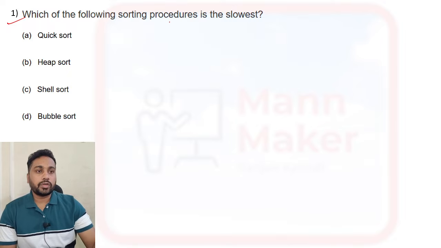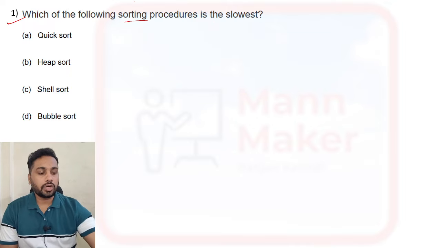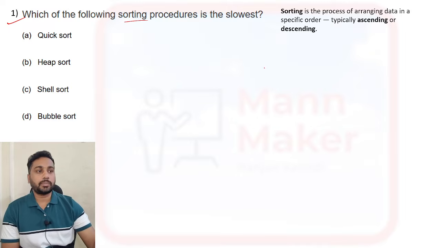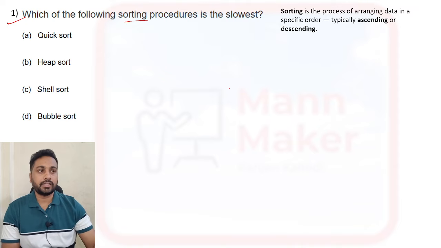We'll start from question number 1. Which of the following sorting procedures is the slowest? Sorting is the process of arranging data in a specific order, typically decreasing or increasing order.